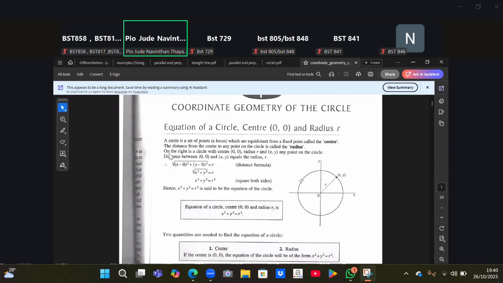On the boundary of the circle, we have infinitely many points, right? So the distance between one point on the circle, not in the circle. If it is in the circle, it means inside the circle. Here, on the circle means on the line.